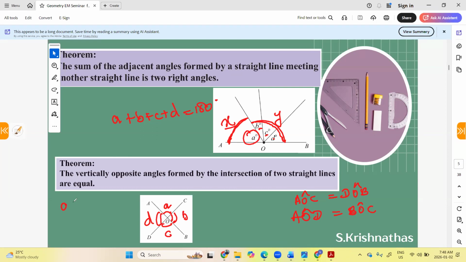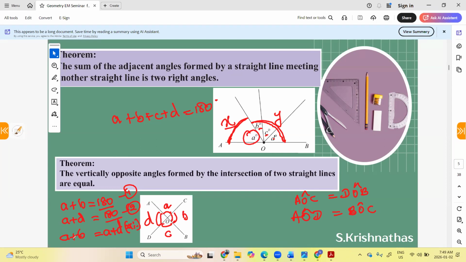So students, A plus B equal to 180. Same, A plus D equal to 180. Right. What can you say about these two equations? This is the first equation, second equation. Then this sum is 180, this sum also 180. So students, A plus B equal to A plus D. What is the reason, students? Let's see.